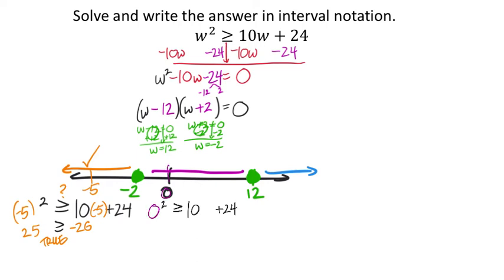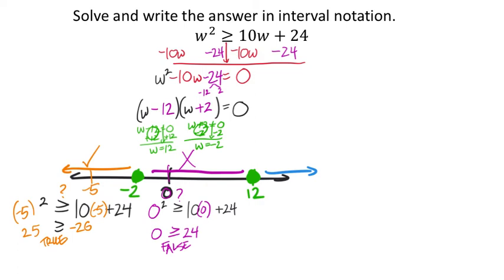So it'd be 0 squared greater than or equal to 10 times 0 plus 24. This gives me 0 is greater than or equal to 24. Now this is checking, so I got my question mark. This right here is false. 0 is definitely not greater than, it's definitely not equal to 24 either. So both of those don't work. I got my X over the interval there.